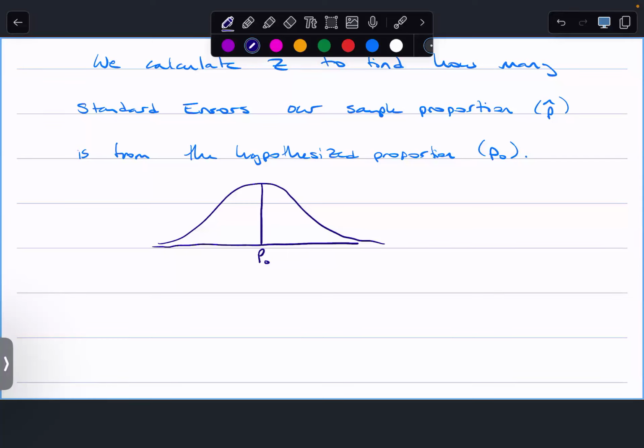So then what we're going to find is that if I find that my sample proportion is out here somewhere, I can calculate the Z, right? How many standard errors away from the center is this thing? But there's going to be a region here where we consider them essentially the same, right? And so then our null hypothesis that P is equal to P naught is perfectly fine.